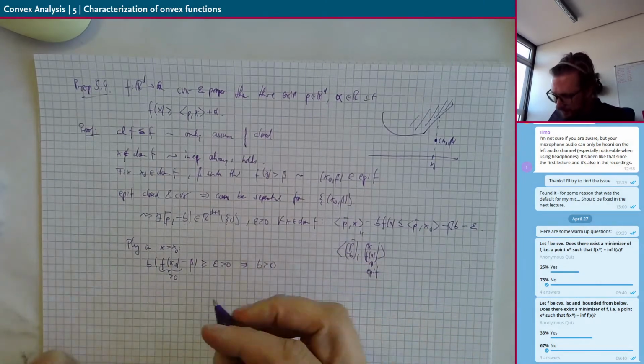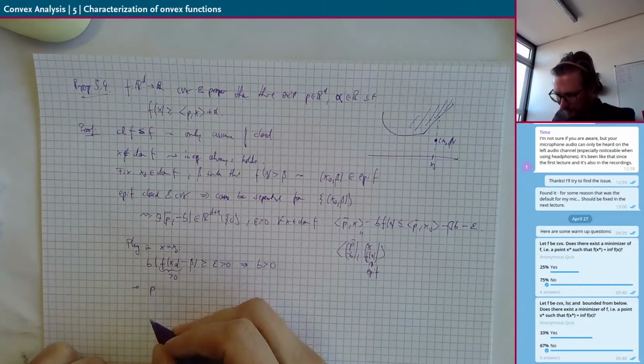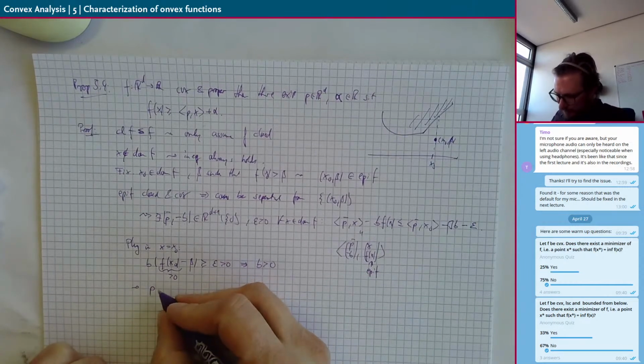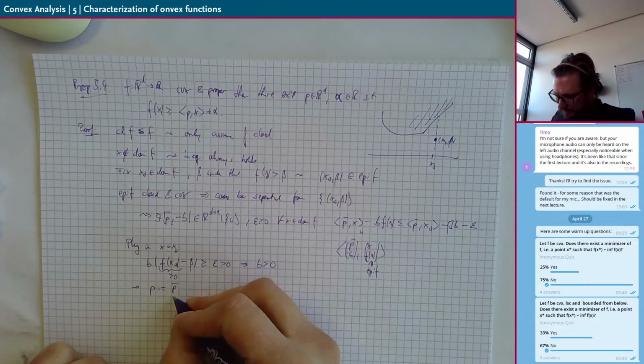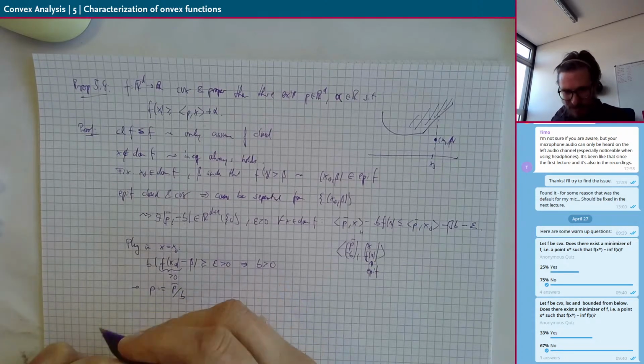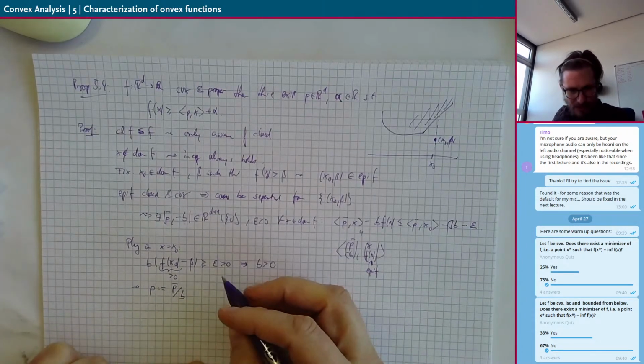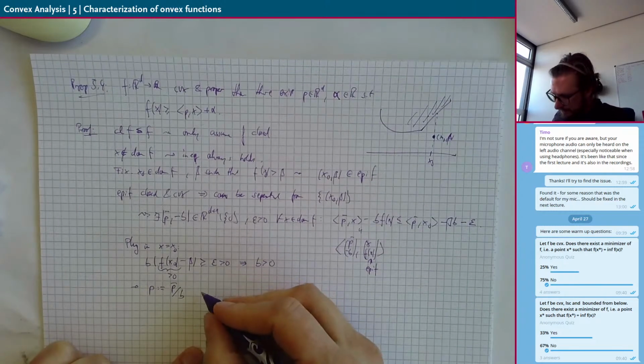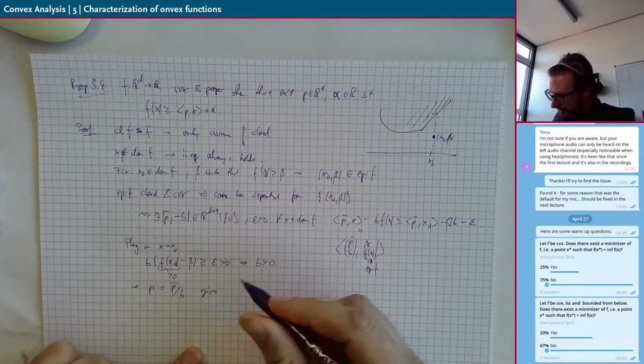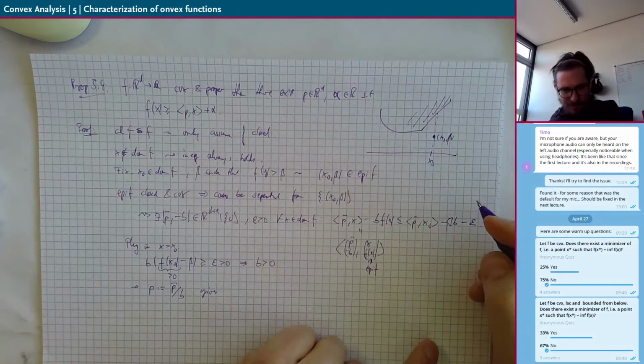Especially it's not 0, so we can now define p as p bar divided by b.